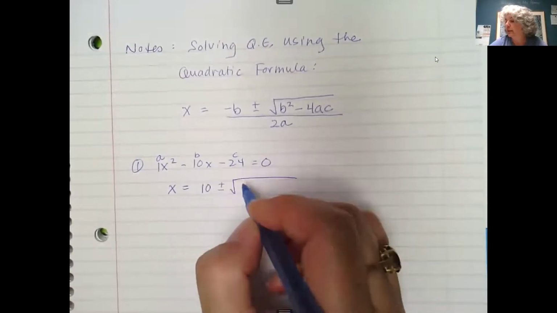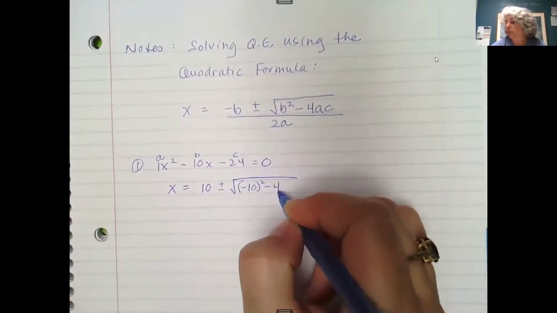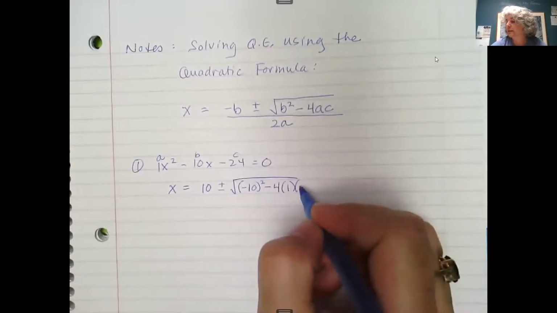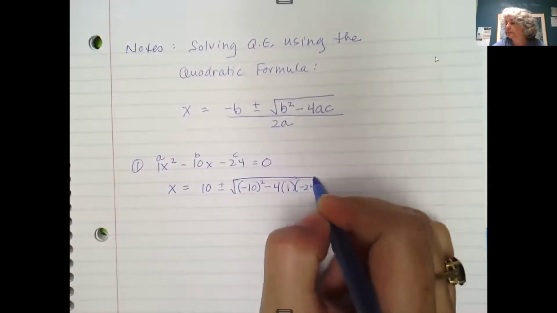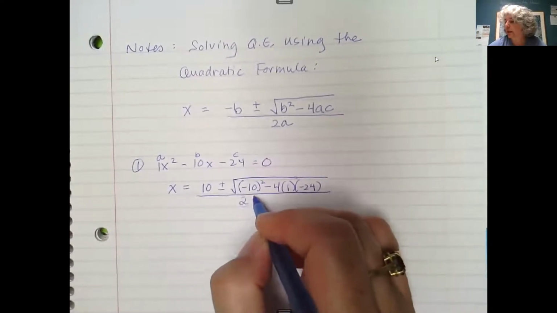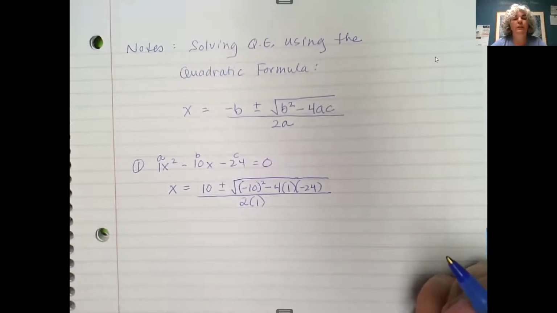Now b is -10, so I'm going to say (-10) squared minus 4 times a, which is 1, times c. C is -24. All divided by 2 times a, and a again is 1. So notice that I've just plugged everything in, even the ones that are 1.